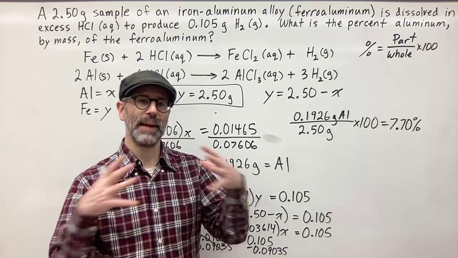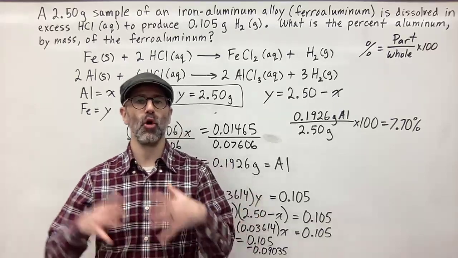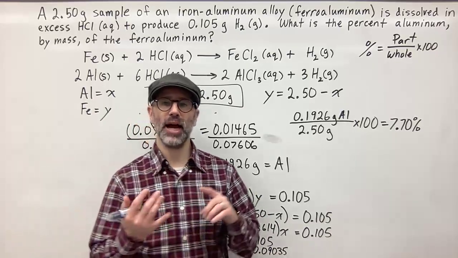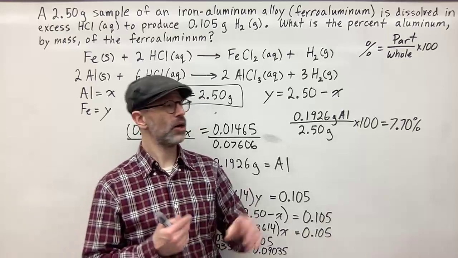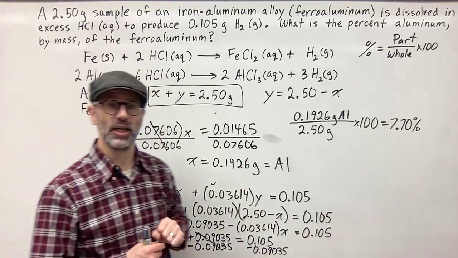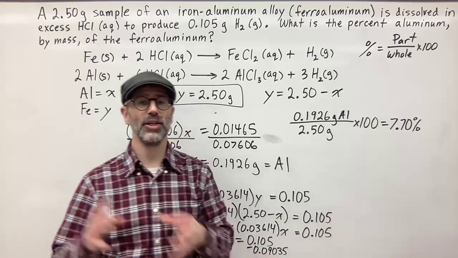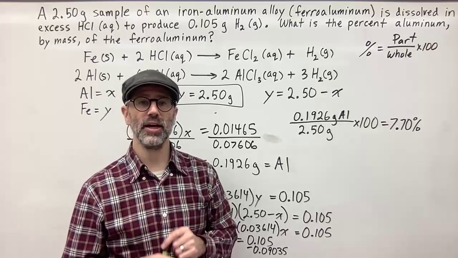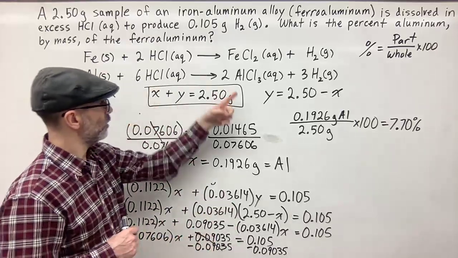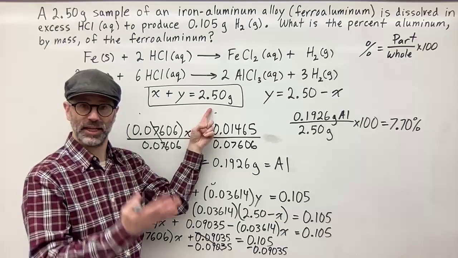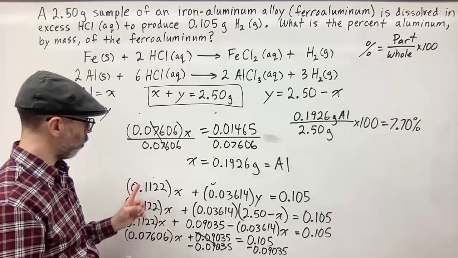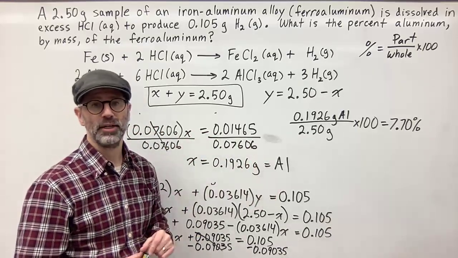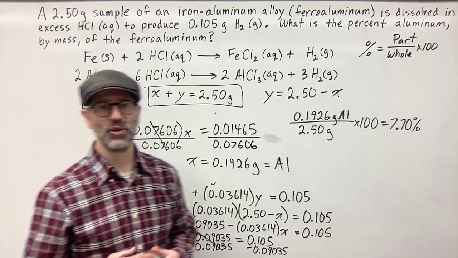If you're ever given a mixture of something that reacts to form one product, so they both react to form the same product, then you've got to use a system of equations where if they give you the total amount of the sample that's reacted and the total amount of product that's formed, you can form the two equations. One for the total amount of reactant that you were given, and one for the total amount of product that was formed, okay? And so that's how you do that sort of problem.